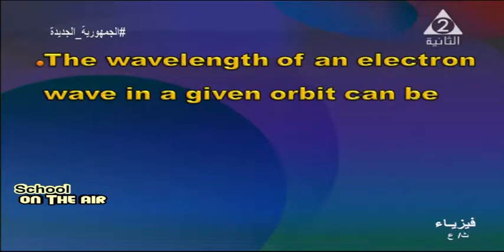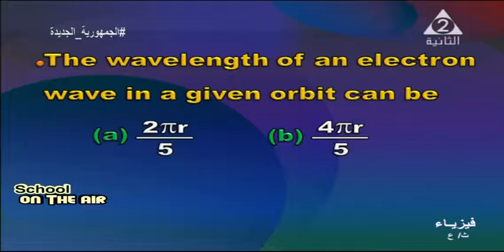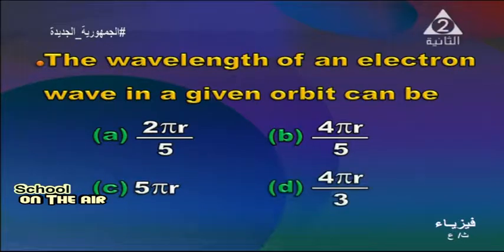The wavelength of an electron wave in a given orbit can be given from the relation 2 pi r over 5, 4 pi r over 5, 5 pi r, 4 pi r over 3. Okay, we need a formula which is equal to 2 pi r over n, where n is an integer, okay? Which one?